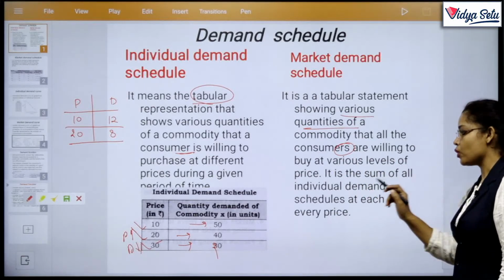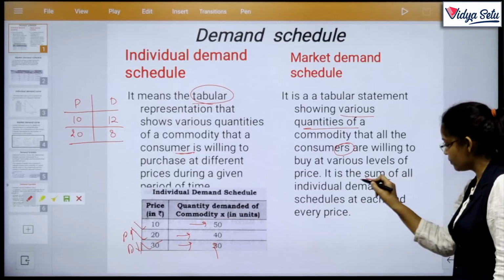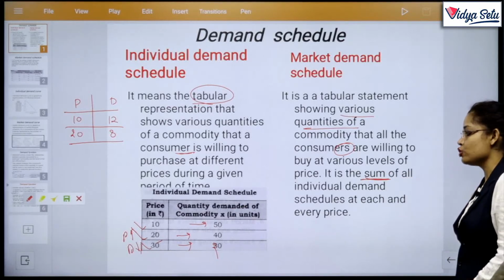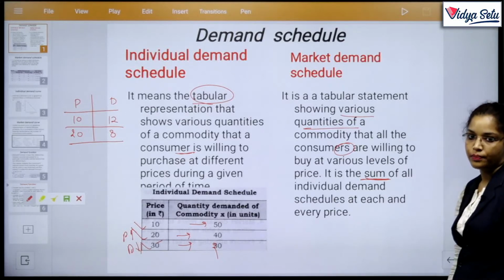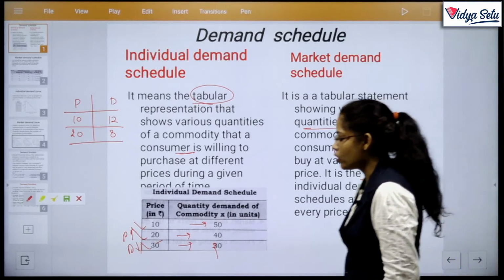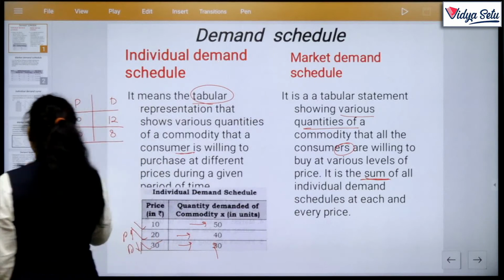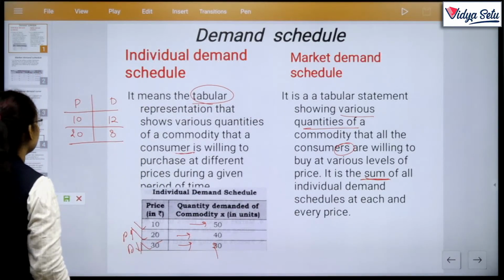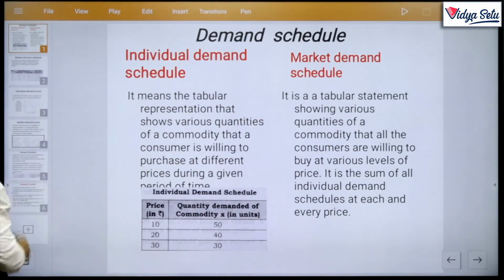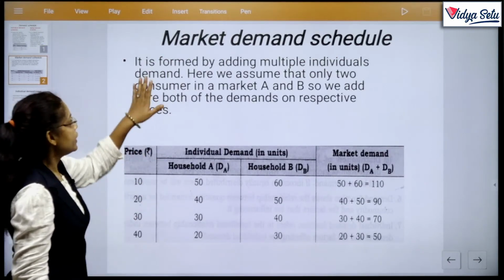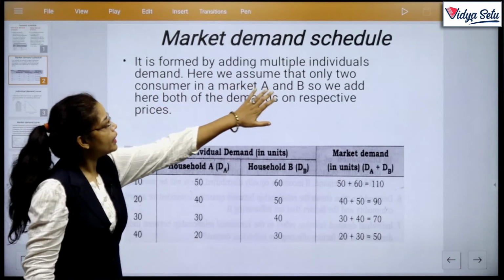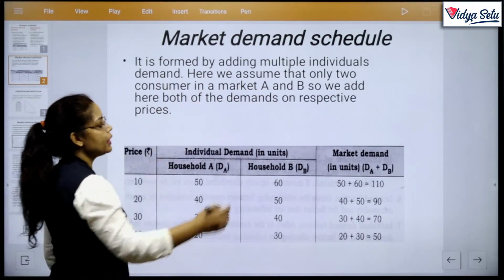It is the sum of all individual demand schedules at each and every price. How can we draw this? We move to our further notes. It is formed by adding multiple individual demands.